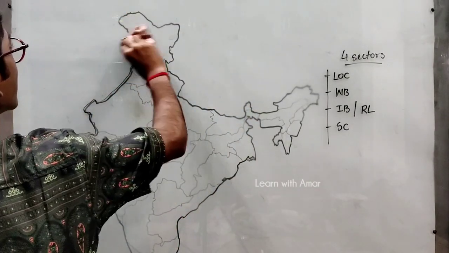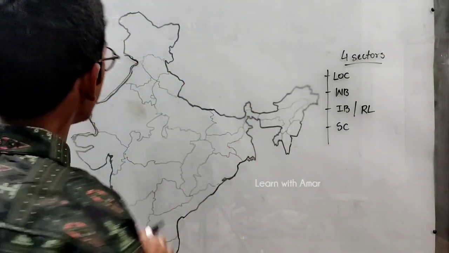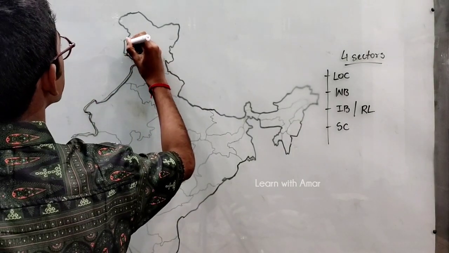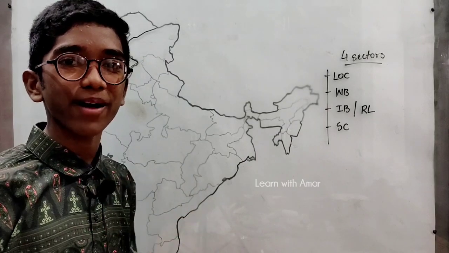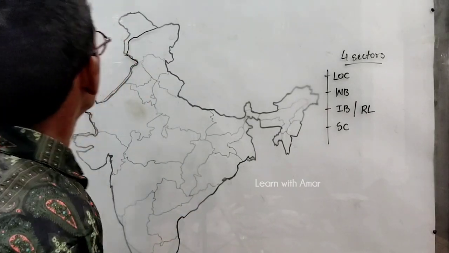Everything is alright, but here this area they draw like this. To be honest, this is the actual border between India and Pakistan right now, right?